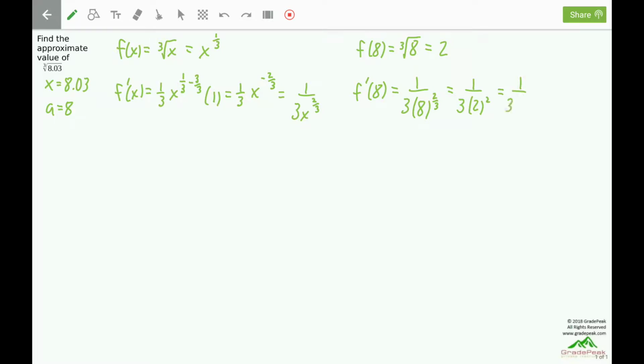Two squared is a 4, so this will give us 1 over 3 times 4, and 3 times 4 is a 12, so it'll be 1/12.